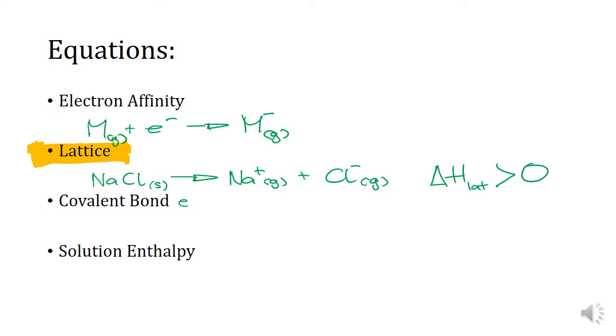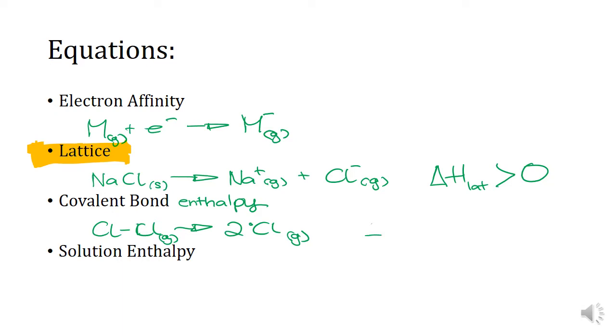Covalent bond enthalpy, sorry I forgot a word there, we discussed in SL. So this is how much energy does it take for me to break Cl2 into 2 Cl. So gas, and remember bond enthalpies are always in gas form. How much energy does it take for me to break that bond?